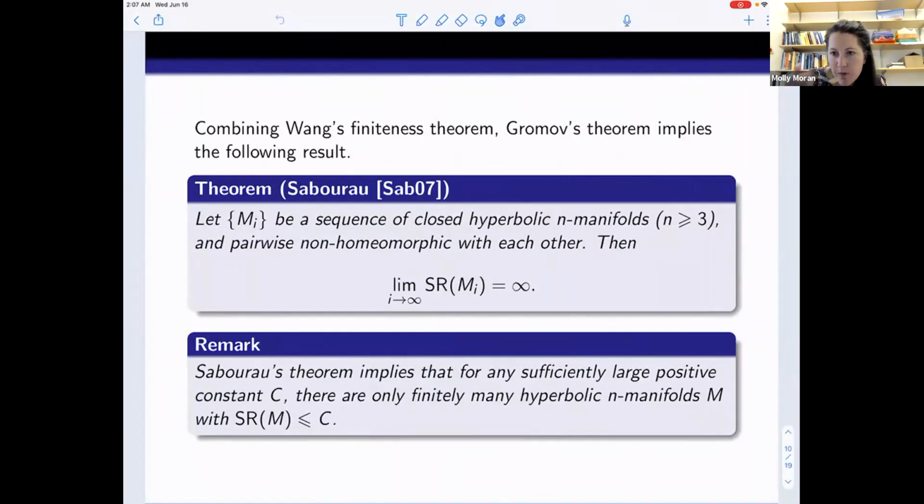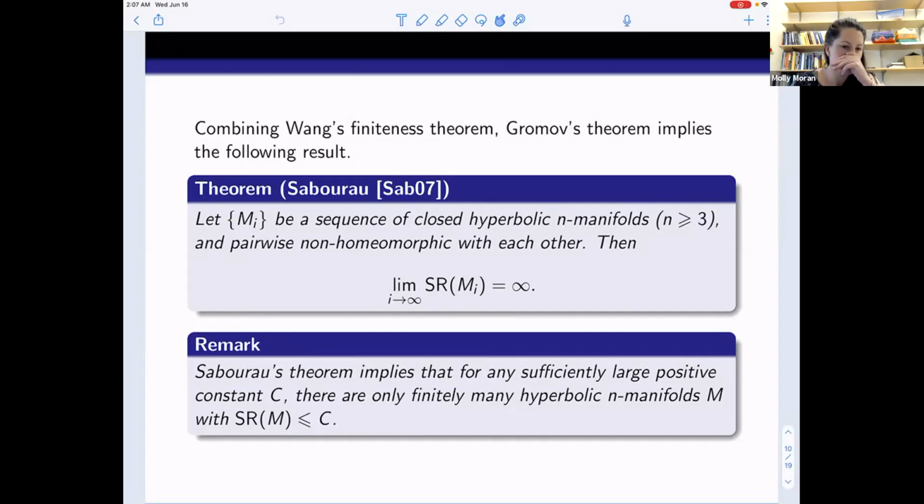This theorem also includes the dimension n equal to 3, though there are some special techniques we need to deal with when n equals 3.